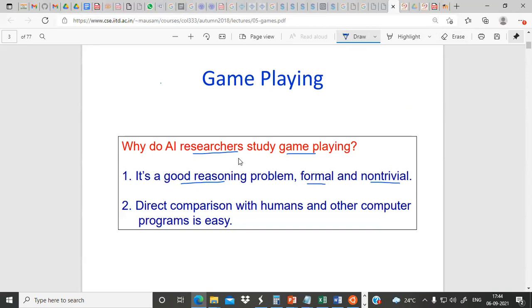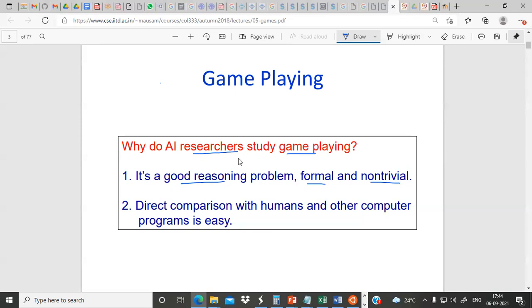Games basically simulate the real-world scenario to some extent, or to a larger extent. As the complexity of the game increases, it becomes more non-trivial. If you take any typical video game, initially it will be of very little complexity, very trivial.